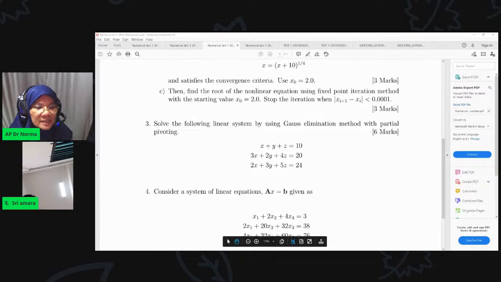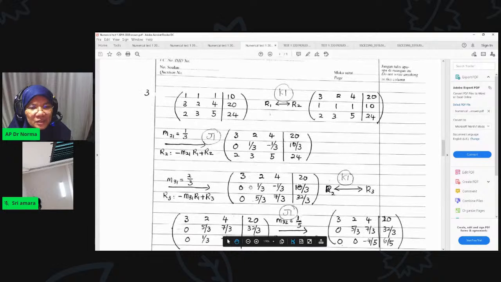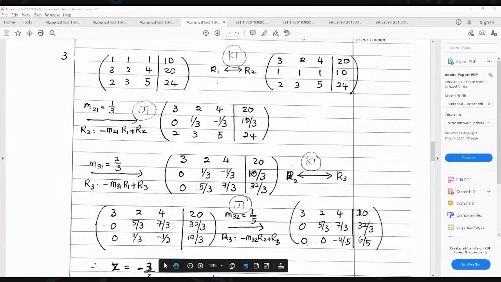So let's go to the concept of Gauss elimination. It depends on you: you can write out the elements in the equation in your answer script, or focus on the elements and put them in a matrix. I would love it if you write in a way that is easy to understand.